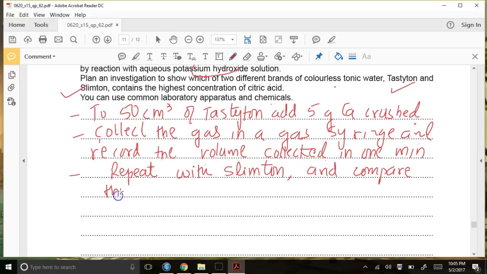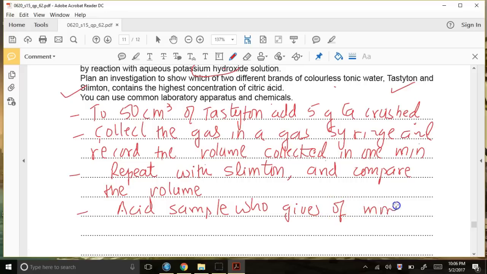Obviously the one which is more concentrated will give off much more hydrogen compared to the other in the same time frame. So the acid sample which gives off more H2 is more concentrated.